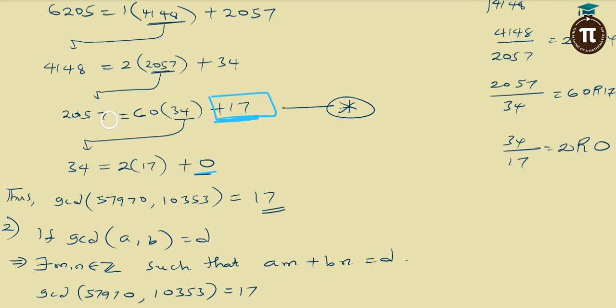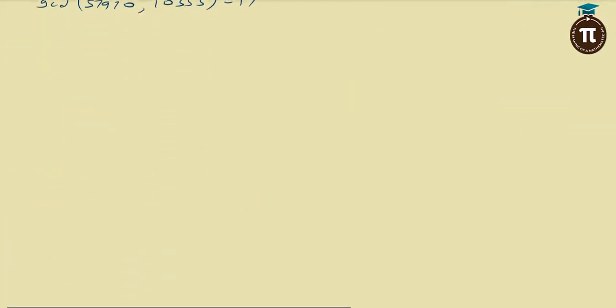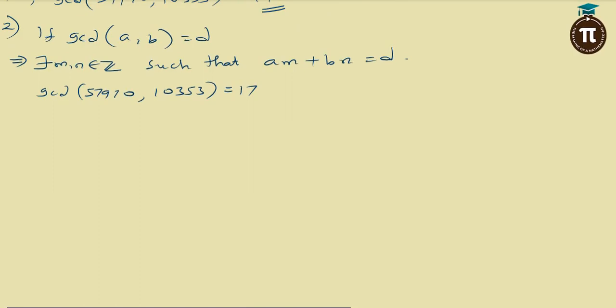I have 2057 is equal to 60 multiplied by 34 plus 17. So what do we do to that? We know that 2057 is equal to 60 times 34 plus 17.